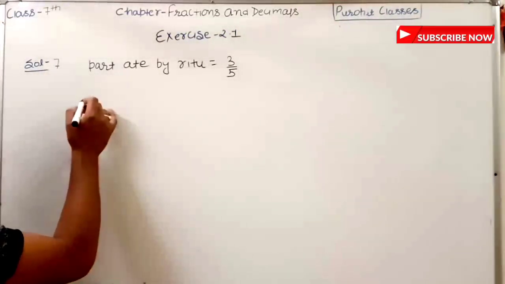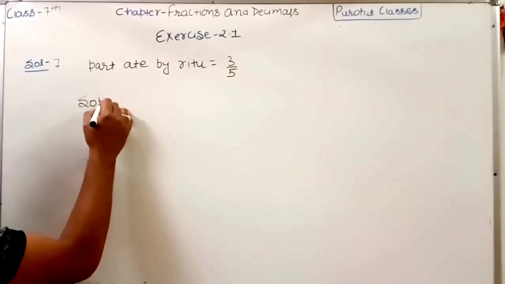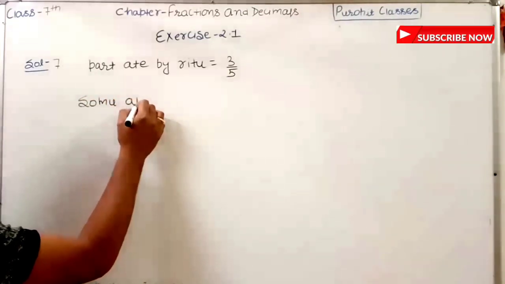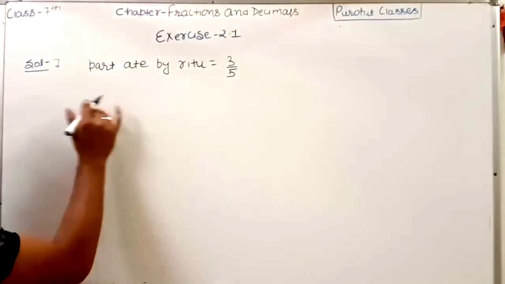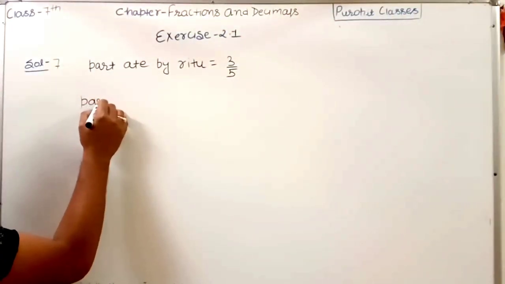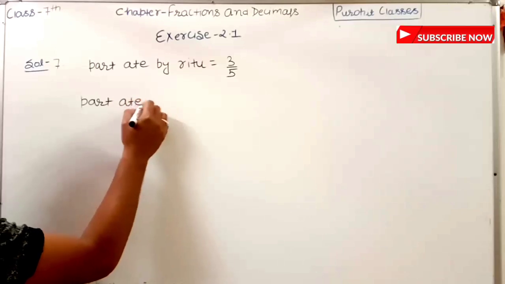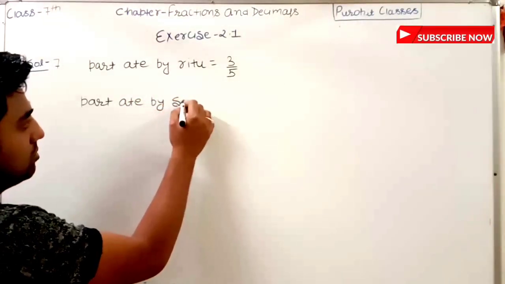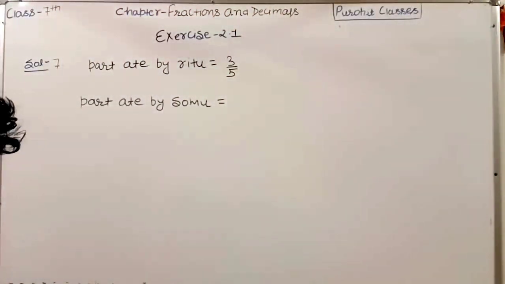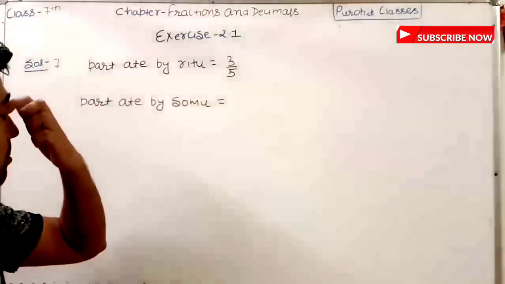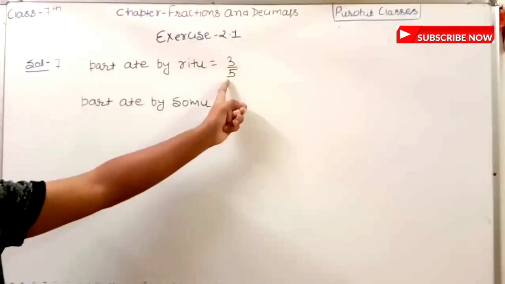How will we find out? Somu ate, or we should write here, part eaten by Somu is the remaining. Remaining means what part of the apple is left after eating 3 by 5.